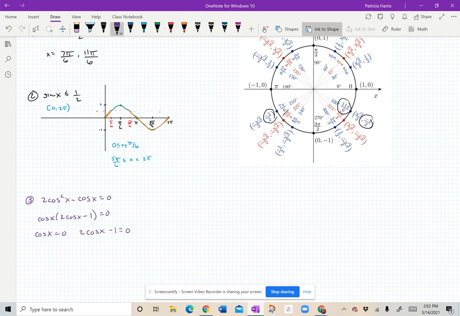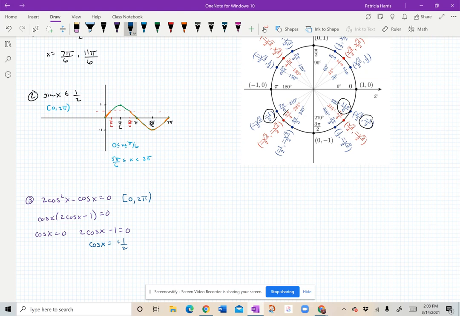So, I'm going to ask myself, since the solutions are from 0 to 2 pi, this tells me my best bet is to look on that unit circle. So where does cosine give me a value of 0? At what angle does the value of cosine equal 0? And then for the second one, where does cosine give me a positive 1/2?